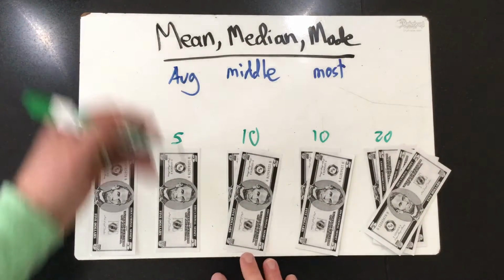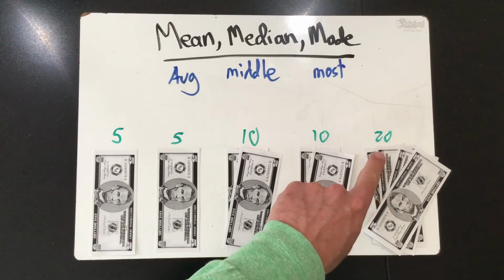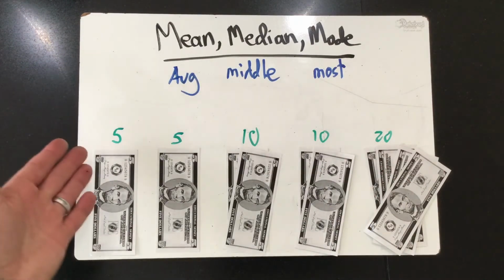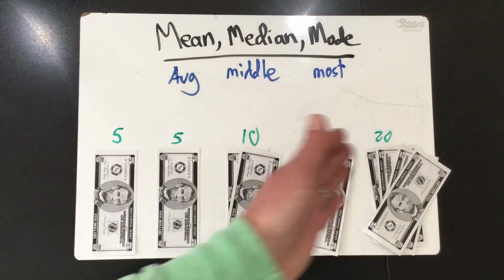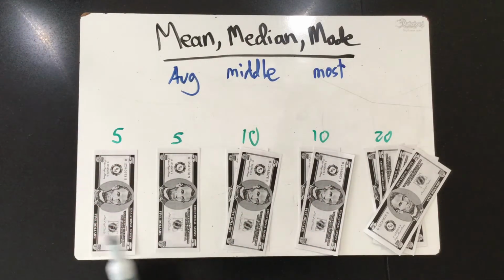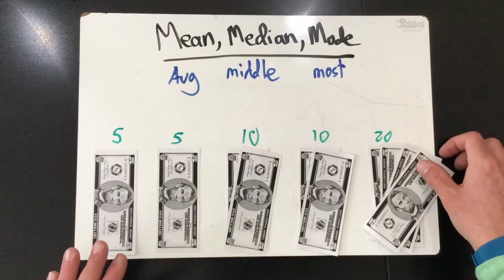Now, mean is average. On average, if we were to pick a student out, how much money could we say that they have? There are a couple of things we can say right off the bat. It's not going to be more than 20 because no one has more than 20. It's not going to be less than 5 because no one has less than 5. It's got to be somewhere between 5 and 20. If we take a look at these actual dollar bills, we can start moving things around.